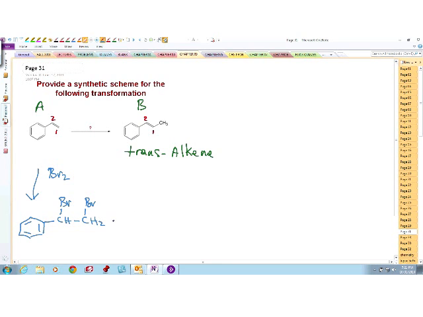Okay, and then after the bromination of alkene, then I do dehydrohalogenation again. You could either use for that potassium hydroxide or sodium amide.